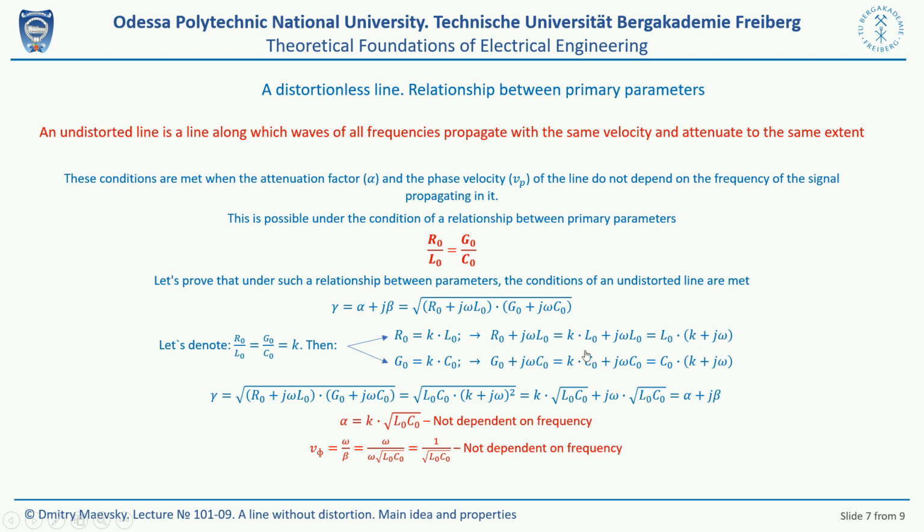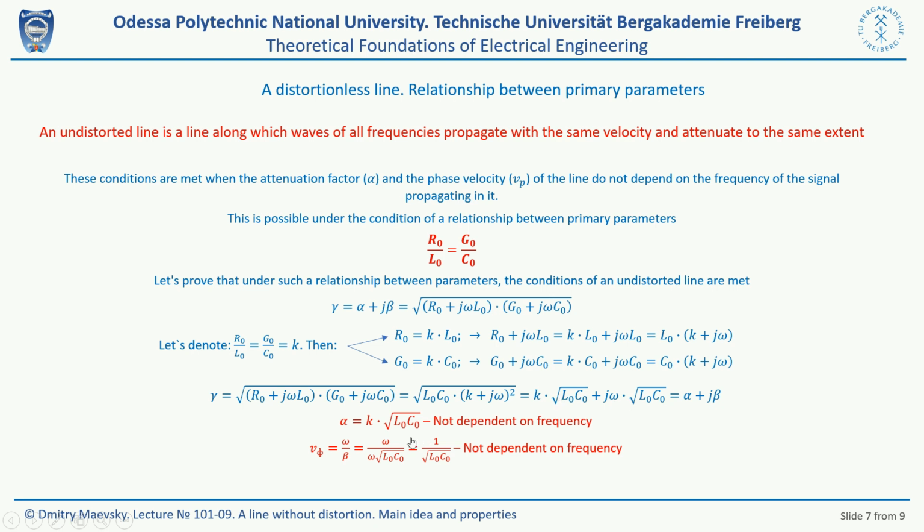Let's substitute these relationships into the formula for the propagation factor. After some simple transformations, we obtain that the attenuation factor doesn't depend on frequency and the phase factor is directly proportional to the frequency.